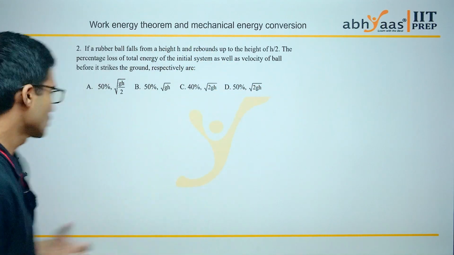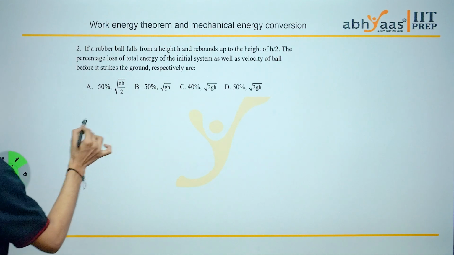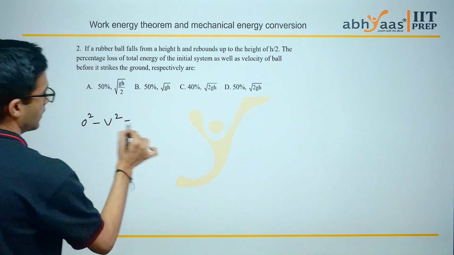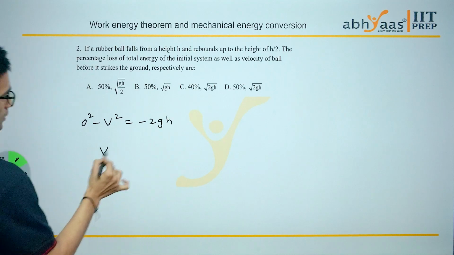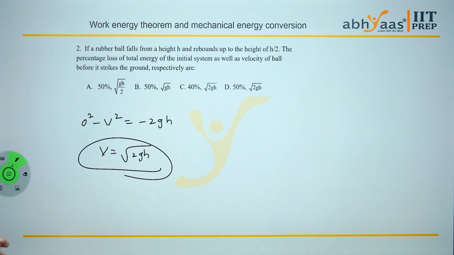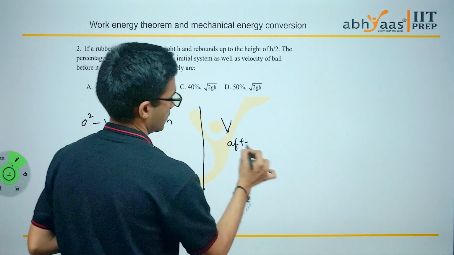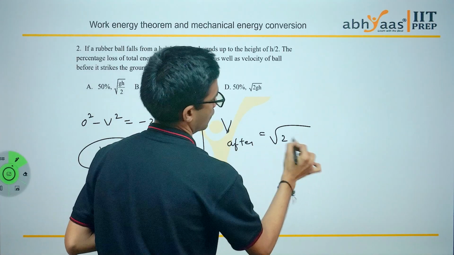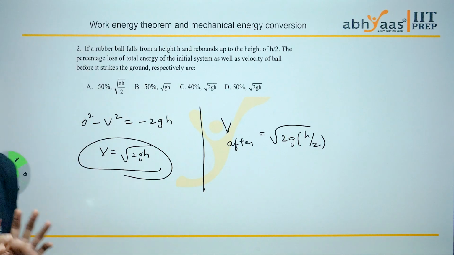The final velocity you can easily find from the kinematics chapter: 0² − v² equals −2gh, so v is equal to root 2gh. Before hitting, the value is root 2gh. After hitting, what happens? v after hitting is root 2g times h by 2, because it is going up to h by 2 only.